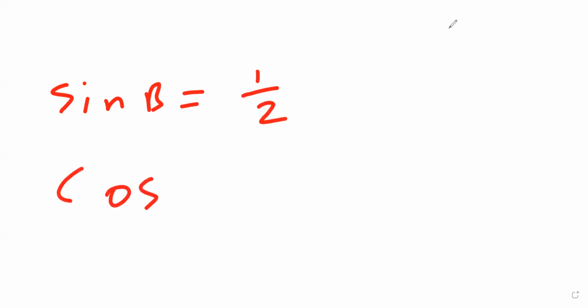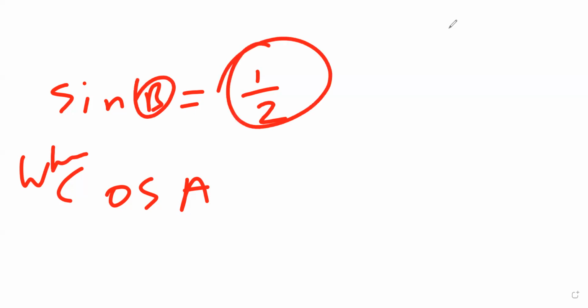Say find, if sine B is equal to, let's just do something very simple, 1/2, what would cos A be? Very easy. We need to find the value of B. Once we find B, we subtract it from 90 and we get this.